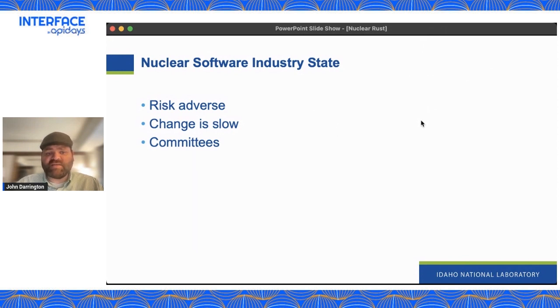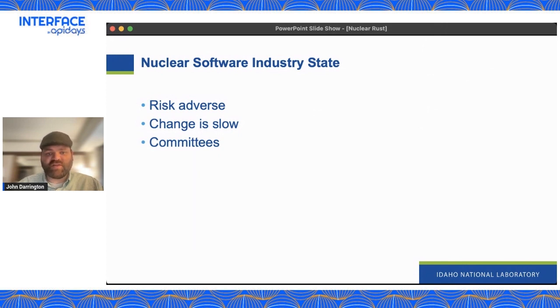Everything feels like it's done in committees. Now this can be a good thing, but in a lot of cases, it does slow things down. You get a lot of politics involved with software and technology choices when it should be something that's looking more at the tech and what can work.